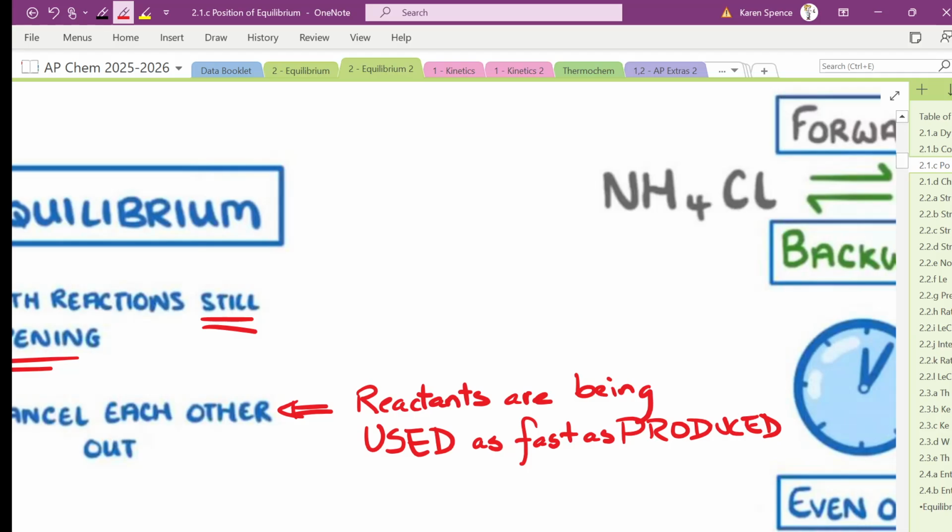So we're using them up. The forward rate is using them up just as fast as the reverse rate is producing them. What does that mean for the concentration of the reactants?